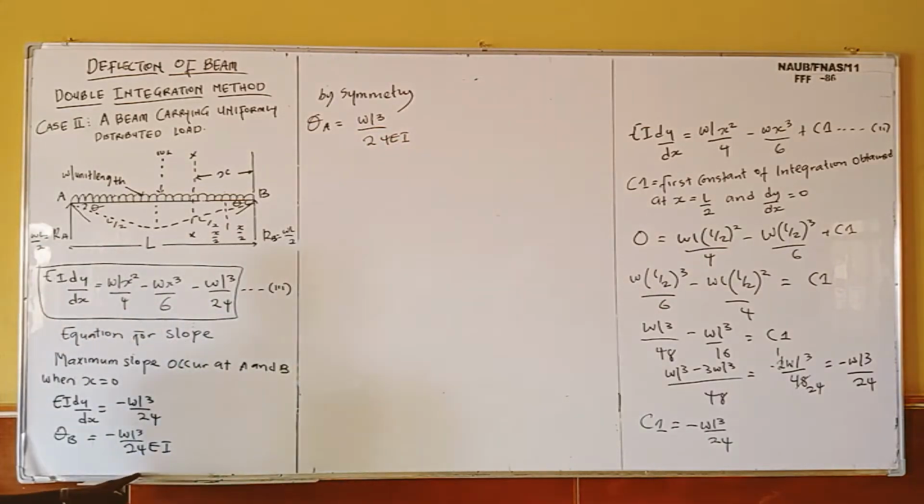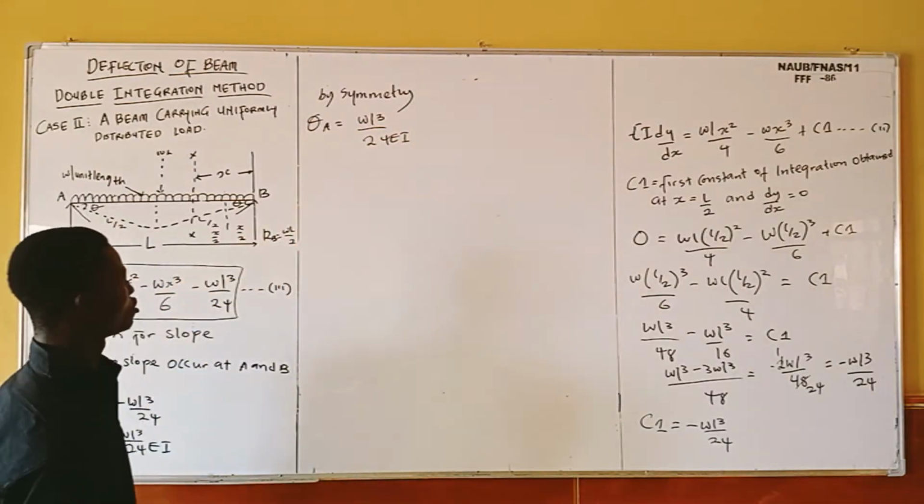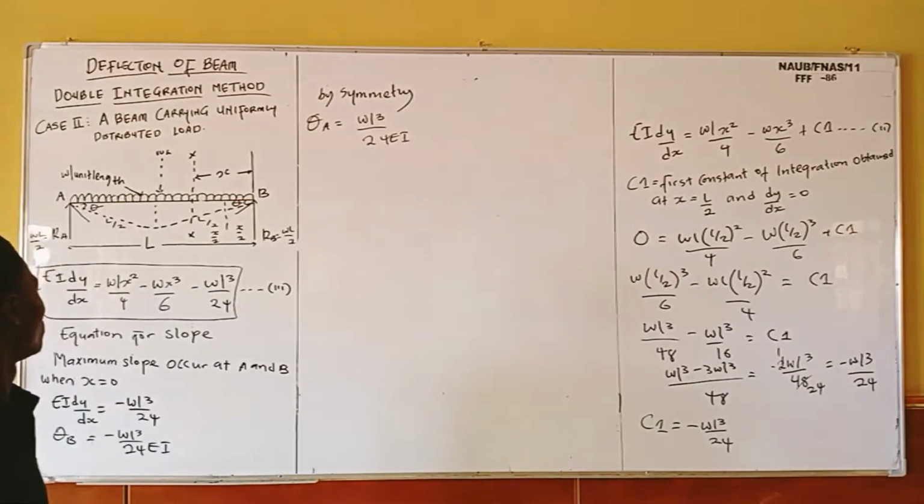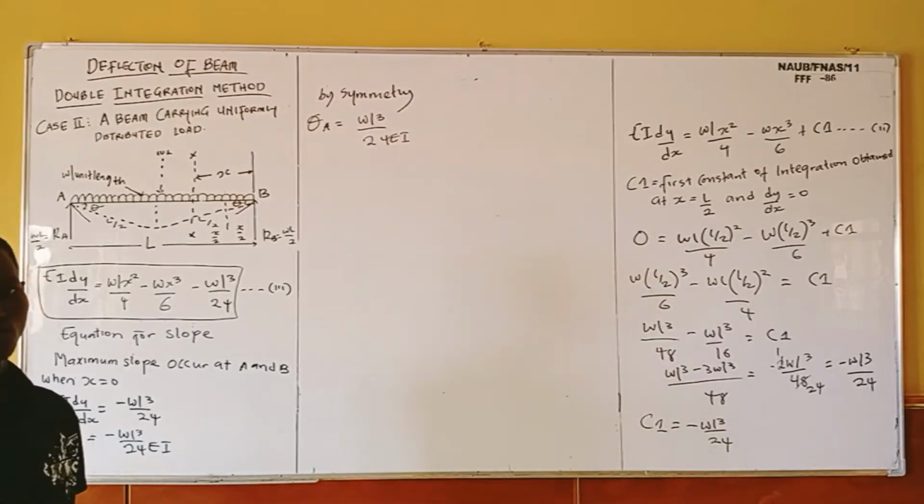So these two equations are the equations for maximum slope. So now since we have our equation for maximum slope, the next thing is to determine our equation for deflection, and to determine at which place is going to be the maximum deflection.